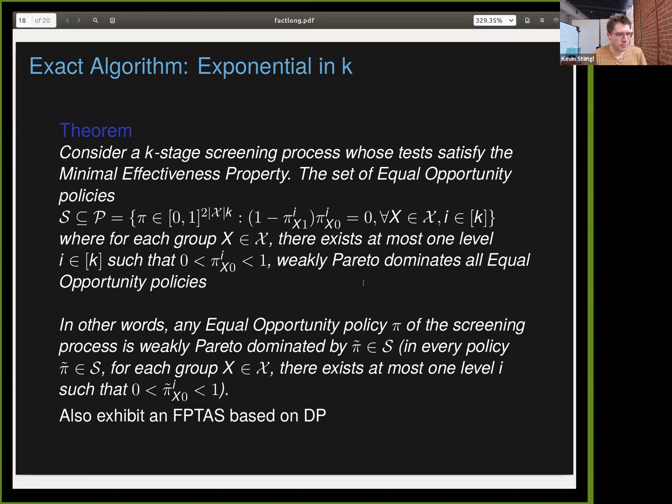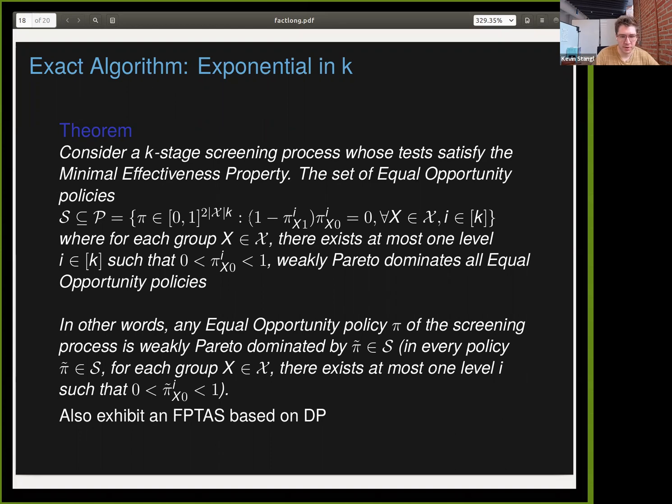So we have an exact algorithm for this problem, but it's exponential in k, where k is the number of layers. For a real problem, where maybe k is 4, that's totally fine. But if it's a very complex pipeline, and k is like 1,000, obviously it's not really tractable. The core of this algorithm is a characterization of the weak Pareto dominant solutions, which have this nice structure that there's only one fractional layer, and the policies are otherwise integral.